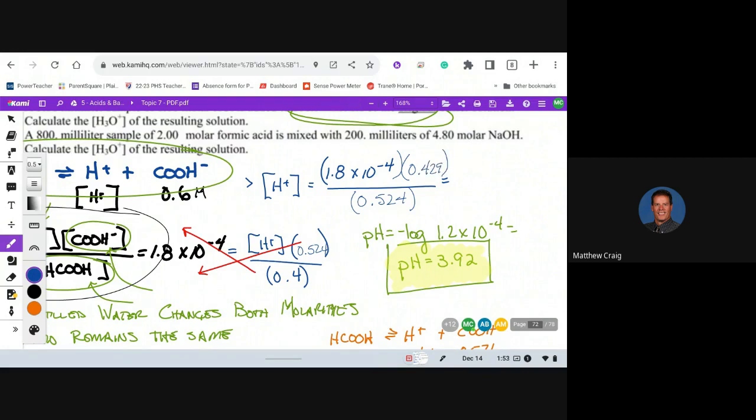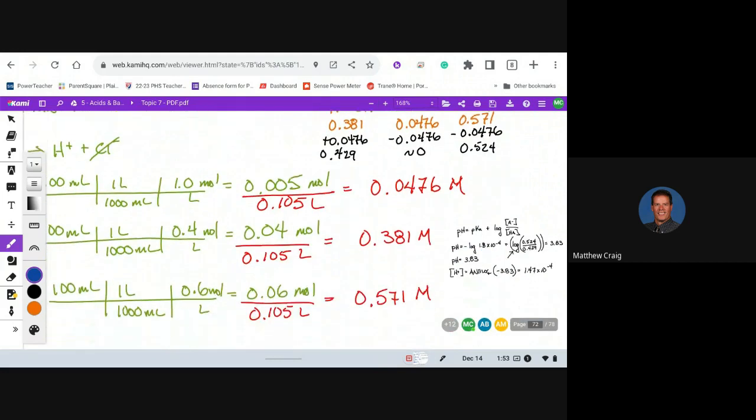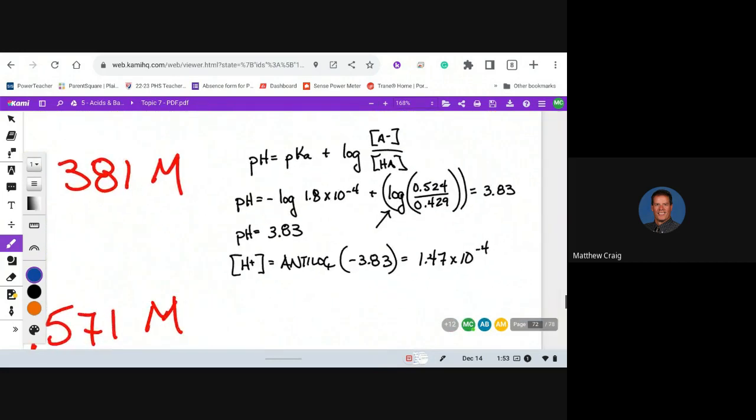So when I type that in, 1.8 E negative 4, divided by. Oh, yeah. Okay, I got it. I did too. I think my way was faster, right? Because then you automatically get the hydrogen concentration.